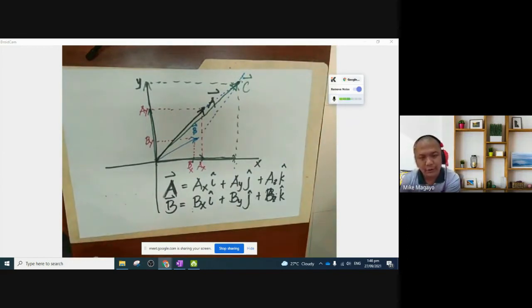Another approach is what we call the head to tail method, but it's similar to the parallelogram method. Here it is.